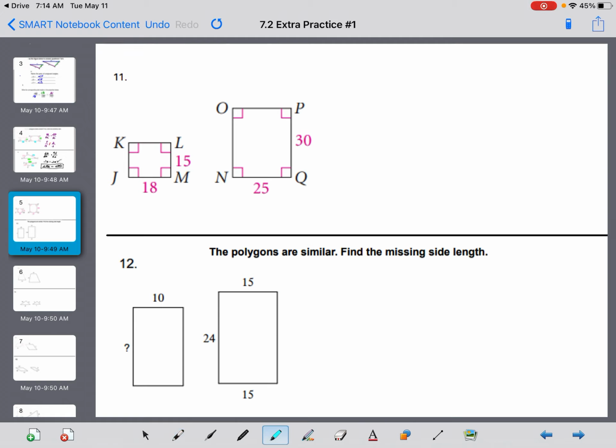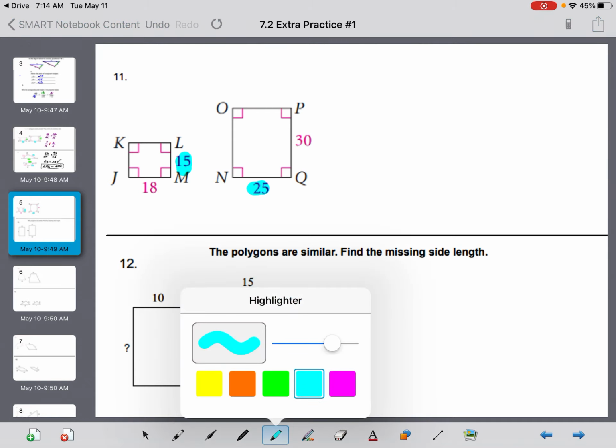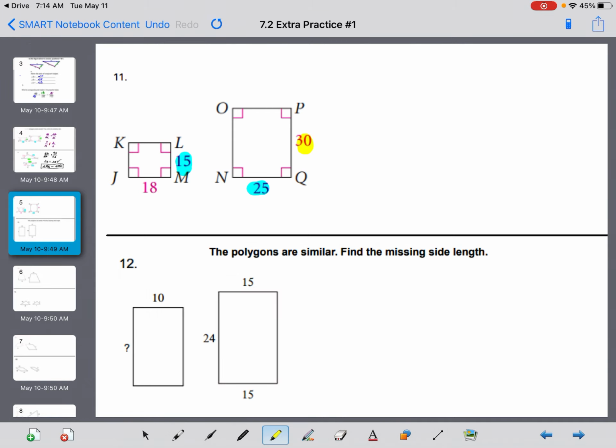All right, let's keep trying with these here. Now, if you notice, they try to get a little tricky on you. They put the shorter side that would go with 25 on the side here. They almost kick this box over. And then on the left-hand side, we have 30 proportional to 18. So 15 over 25 needs to be equal to 18 over 30.